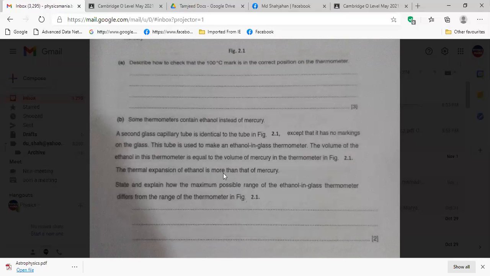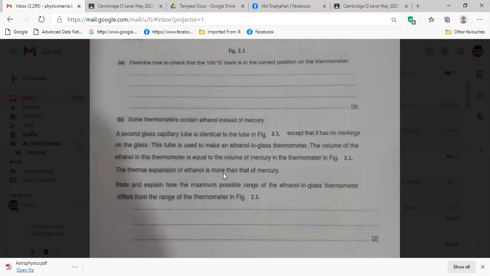If thermal expansion is more, then you cannot measure a greater temperature difference, isn't it? Do you understand what I'm saying?